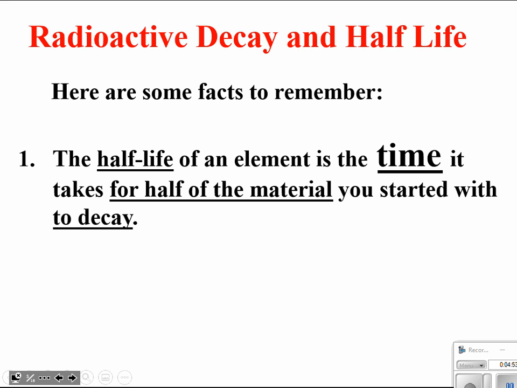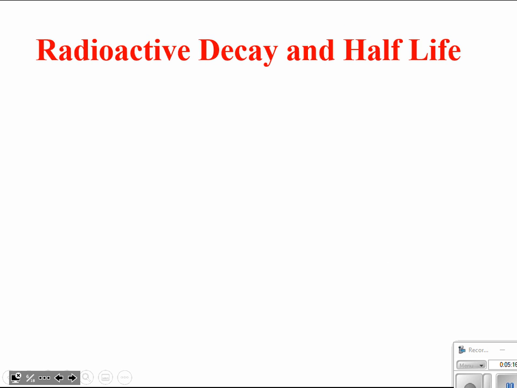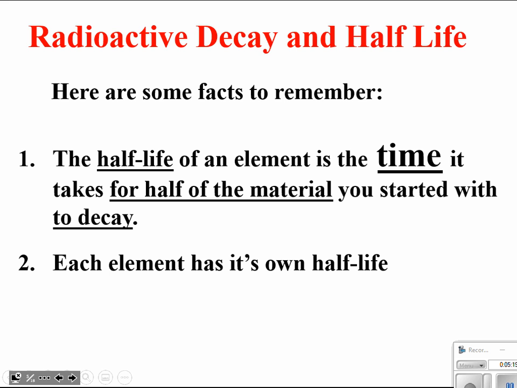The half-life of an element is the time it takes for half of the material to decay. I just told you that. Each element has its own half-life. So, half-life is the time it takes for half the material you started with to decay.